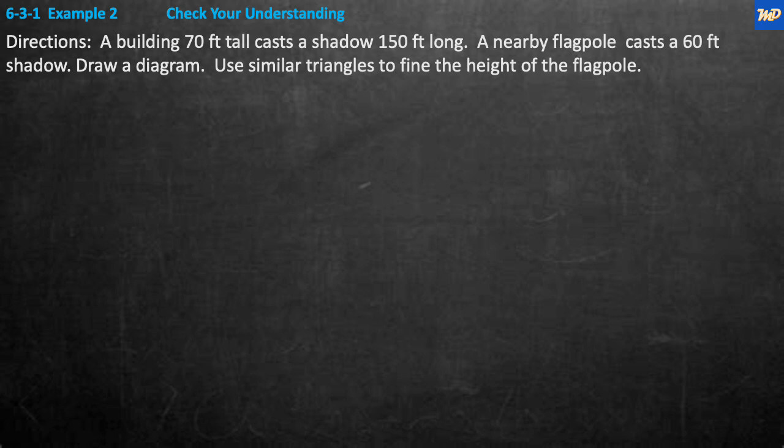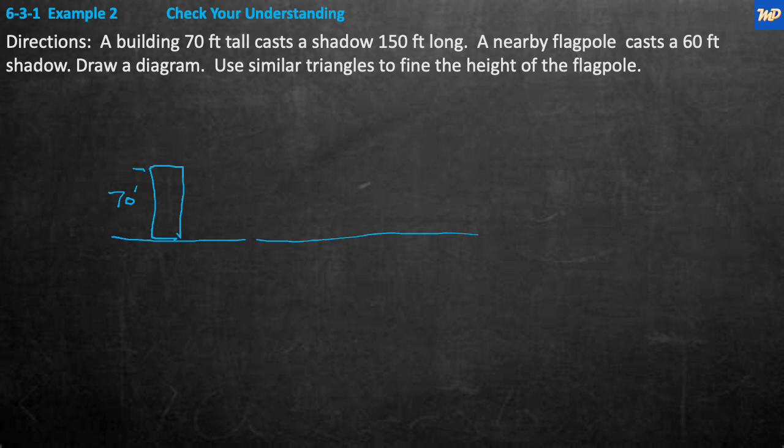Okay, I'm assuming you worked on this, drew the pictures, and gave it a shot. So let's do it. It says the building is 70 feet tall. So we're going to draw a 70-foot tall building, however that's going to look. Okay, here's our building. Here's the ground. And it's 70 feet tall, from here to here.